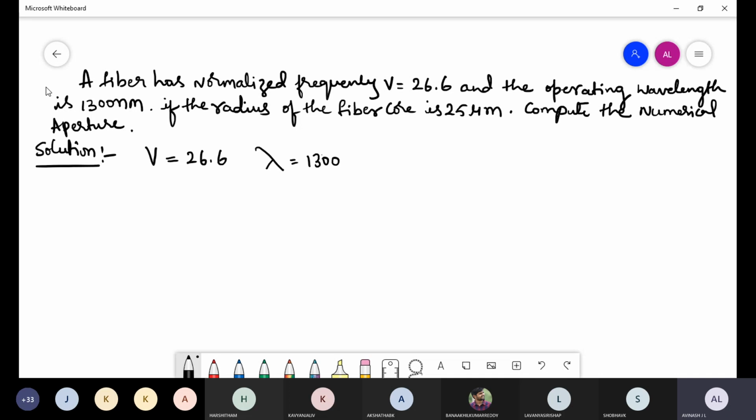Nanometer I can write as 10 to the power of minus 9 meters. And the radius of the fiber core, I can write it as A. So A equal to 25 micrometer. 25 micrometer means 25 into 10 to the power of minus 6 meters.